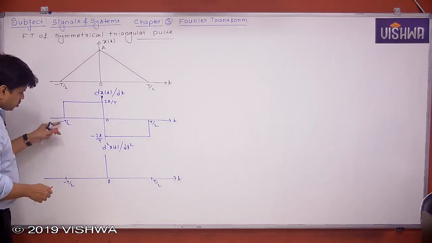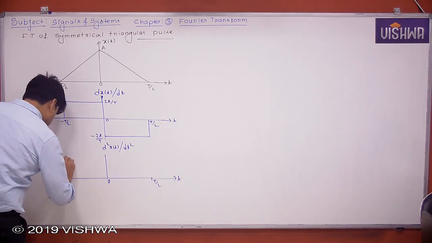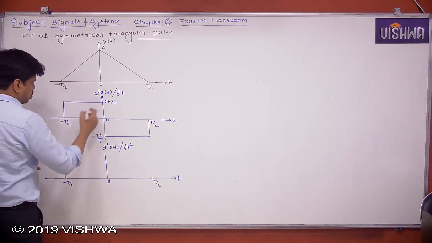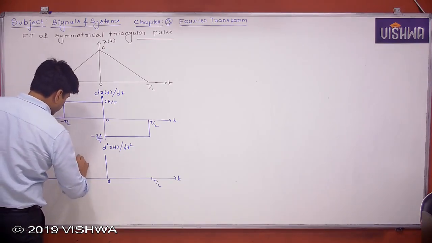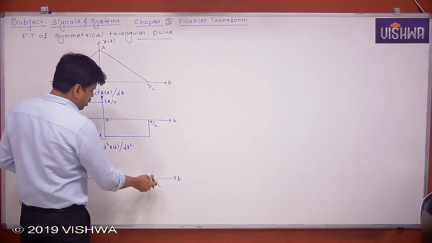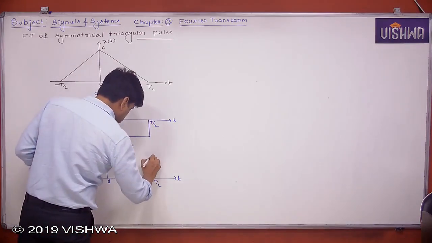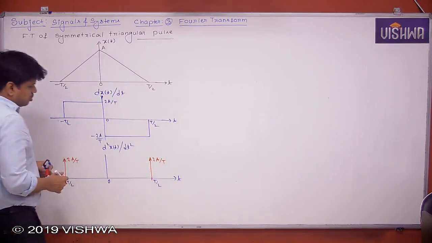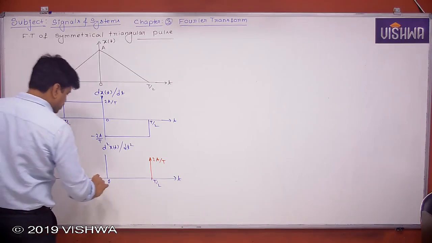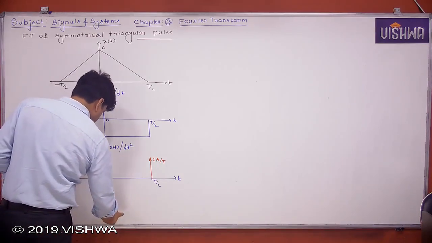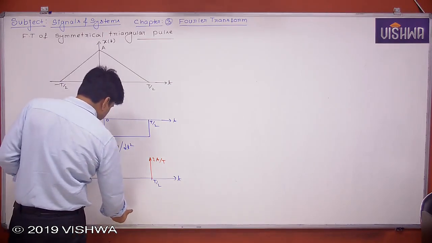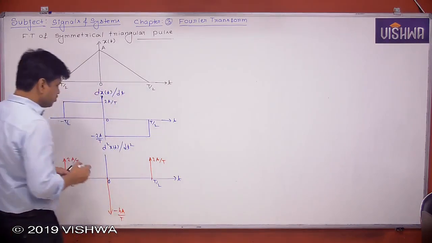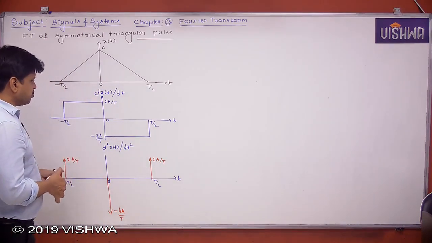At minus T by 2 we have an upward impulse function with strength 2A by T, that is the jump value. At T by 2 also an upward impulse of 2A by T. But at 0 we have a downward impulse with strength minus 4A by T. These are the three impulse functions.